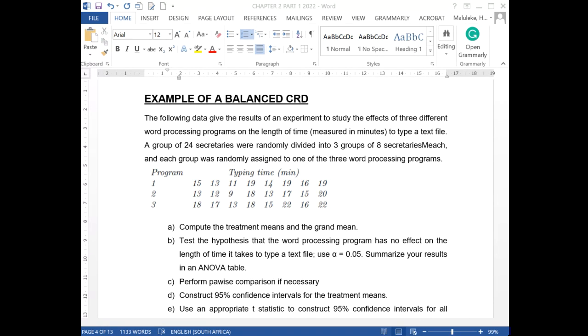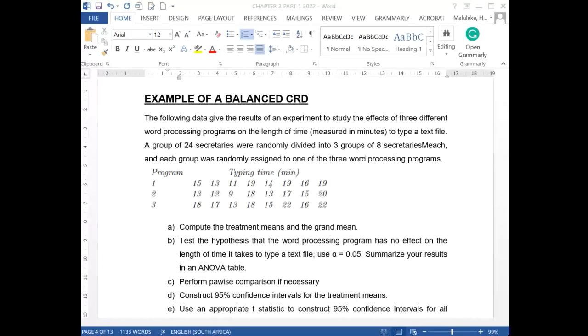Find the value of the treatment sum of squares. You go to the first total: 126 squared plus 117 squared plus 141 squared. You divide everything by a common r, because the problem is balanced. You divide by 8, minus.